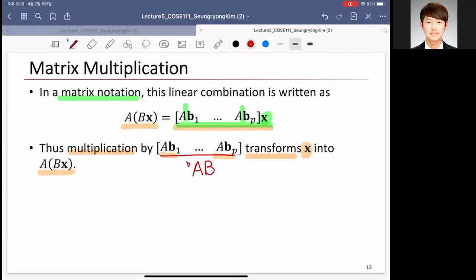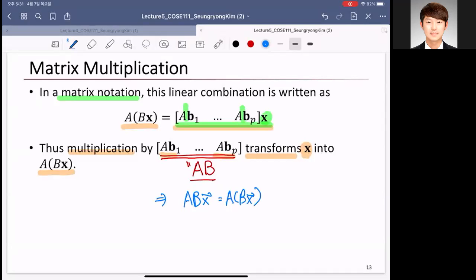We'll prove this later, but we can say that the matrix with columns AB1, AB2, ABP is going to be the matrix A times B. So this is the goal we want to derive: ABX.